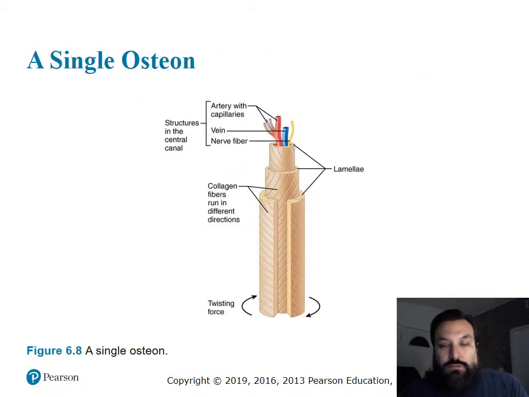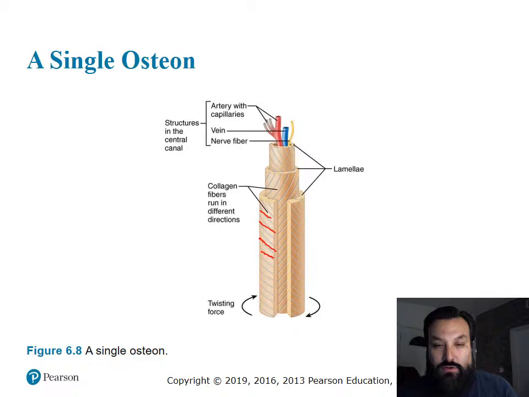So here's your osteon, just one osteon itself. And if you notice, there are actually 3 rings here: one internal, one middle, and one external. You can see these rings are made up of compact bone, and you can see these little lines running this way, but these are the collagen fibers.